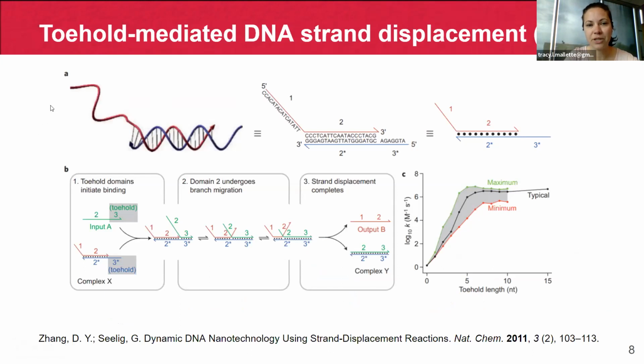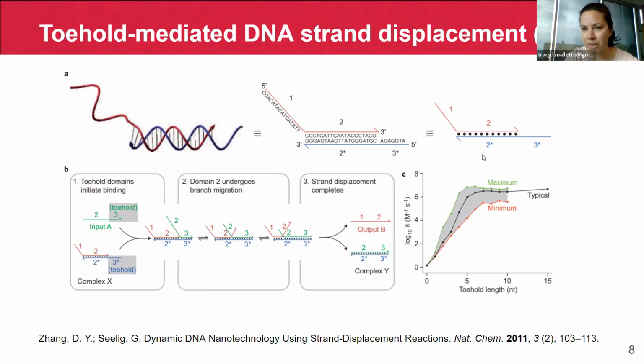So at the top of this figure, there's several different abstractions of DNA, starting first with the DNA double helix structure with some overhanging single-stranded unbound sections. And you can also look at this at a sequence level or you can reduce it even further to what's called a domain level.